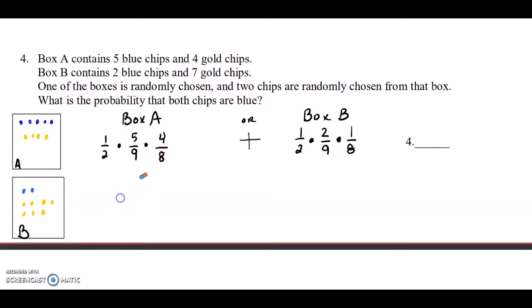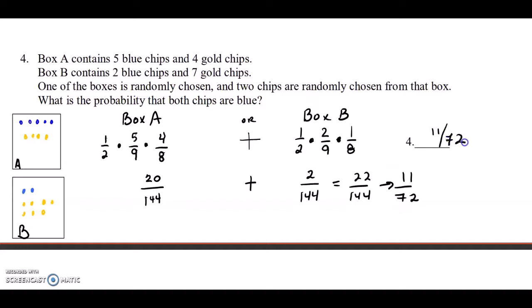And so now, let's work through this. 1 times 5 is 5, times 4 is 20. 72 times 2 is 144, which would leave me with 22 out of 144, and then I can reduce, which is 11 out of 72. Remember that I can only add fractions if the denominators are the same.